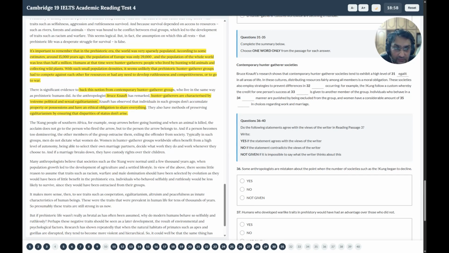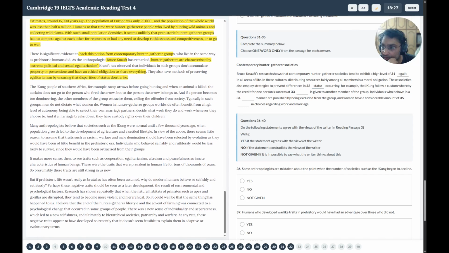For example, the credit for one person's success at hunting is given to another member of the group.